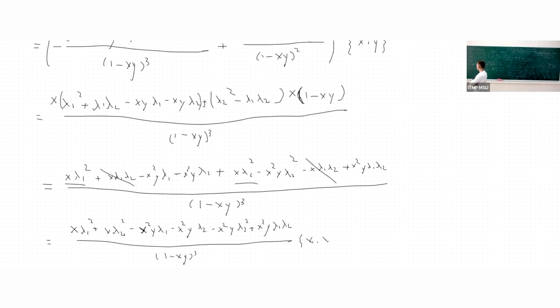Okay. It's a little bit strange, but I don't see simplification. So I suppose there are some mistakes, but the principal thing to understand is that it is a not trivial Poisson bracket on xy.